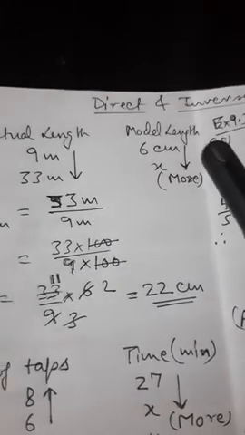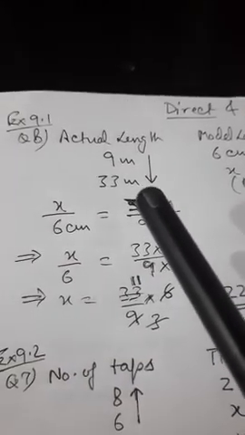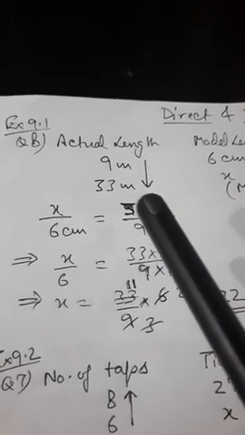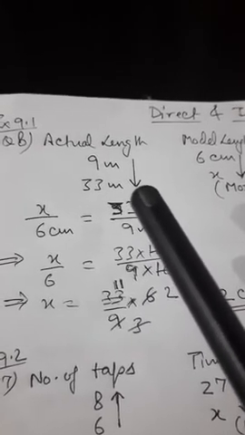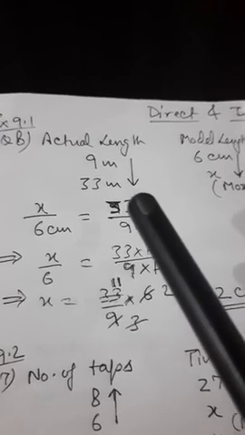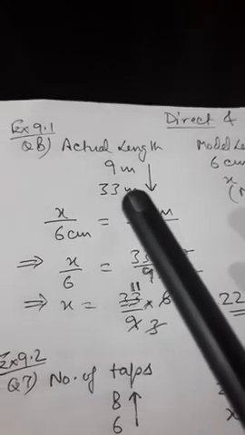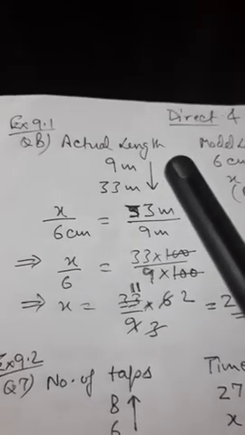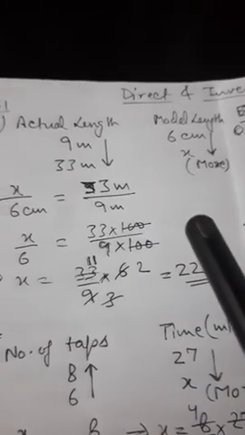Whichever way it is pointing, whether it is more or less, we will point this arrow also in the same direction. Since it is towards more, this will also be towards more. So out of 9 and 33, 33 is more, so the arrow is pointing downwards. So this is the first step, placing the arrows.